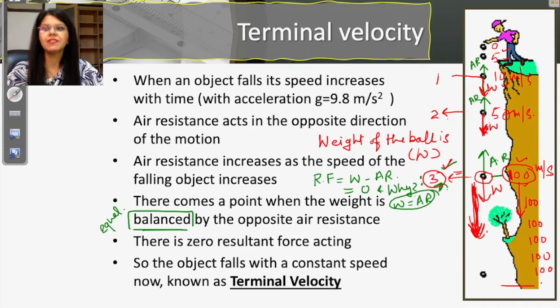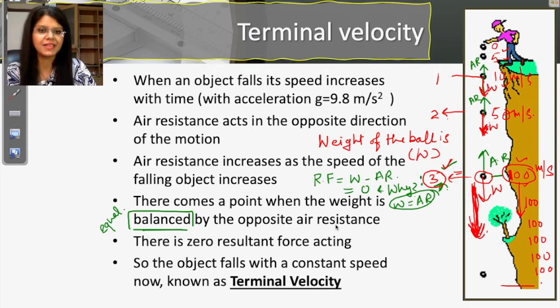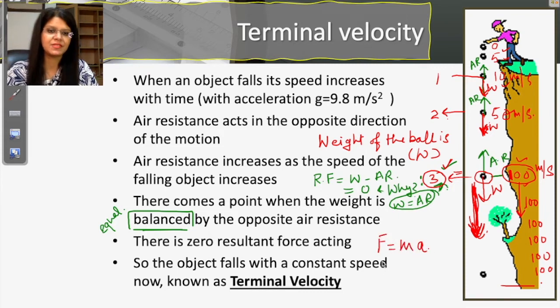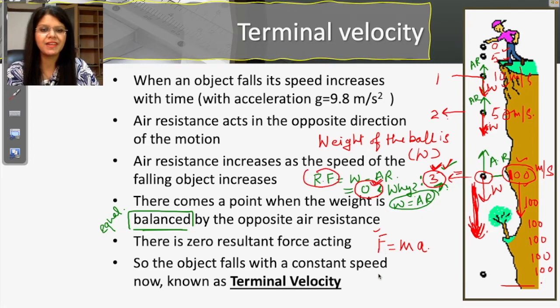Right? And also one more thing that you can apply here, if you know the formula that comes from Newton's second law: force is equal to ma. What is the force at this point acting on the object? The force acting at point number 3 is 0. The resultant force has become 0. So let us substitute the value 0 here.